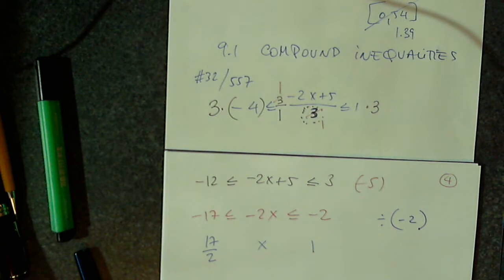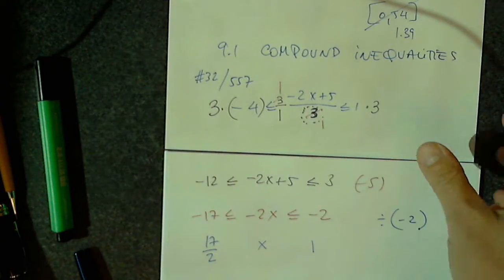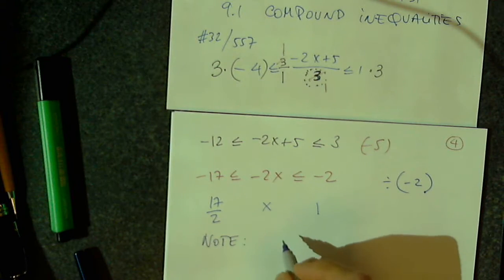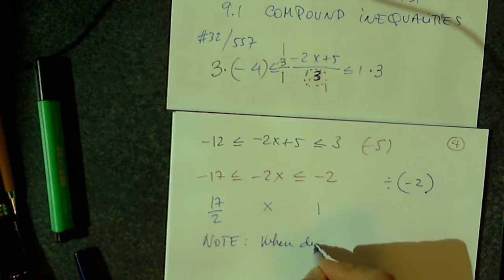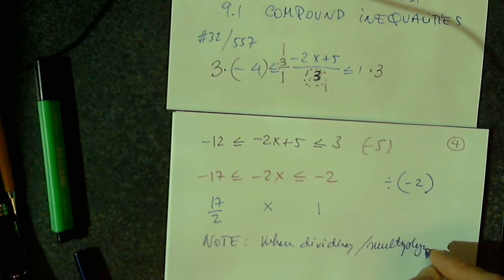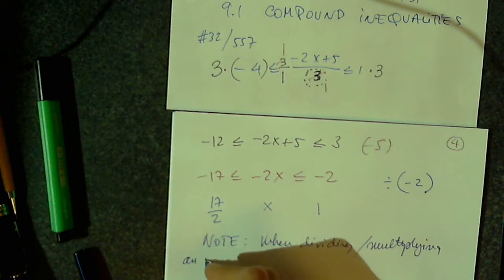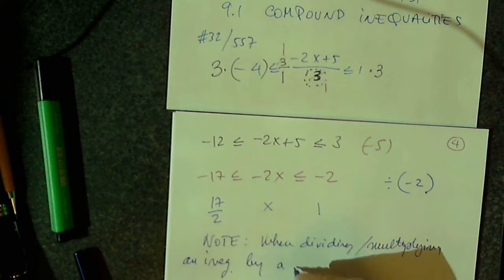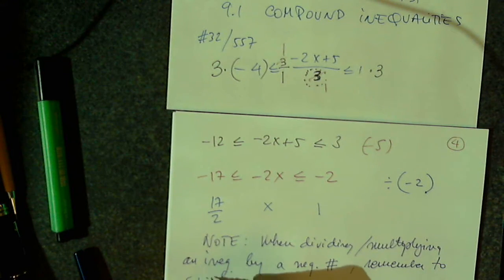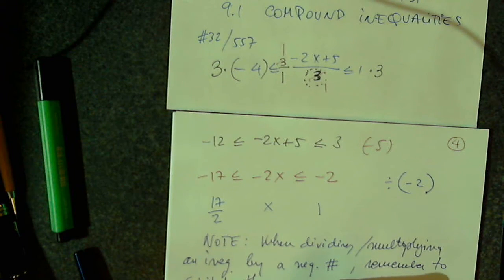But now, exactly. So please write yourselves a note in case you forgot this rule. Note: when dividing or multiplying an inequality by a negative number, remember to switch the direction of the inequality symbol.